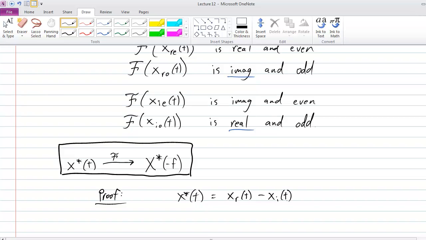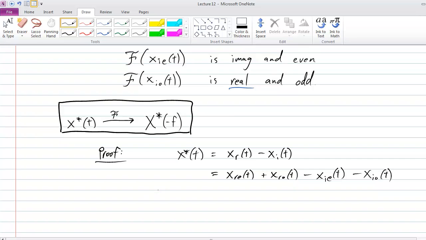Conjugate just means you change the sign of the imaginary part. That equals x real even of t plus x real odd of t minus x imaginary even minus x imaginary odd.